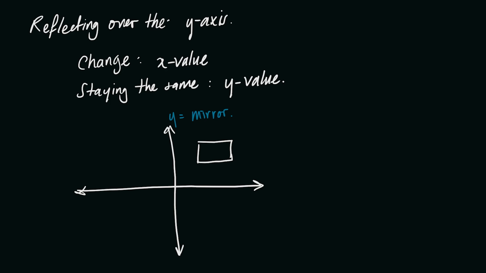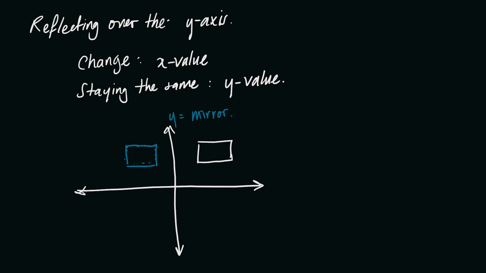It's basically a reflection of you, right? So when we're reflecting this box over the y-axis, the box is going to appear here. Now, what just became negative here? You might tell me, oh, the x value changed to negative, right?